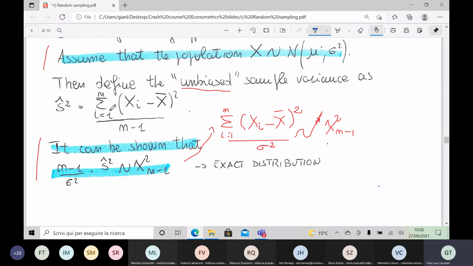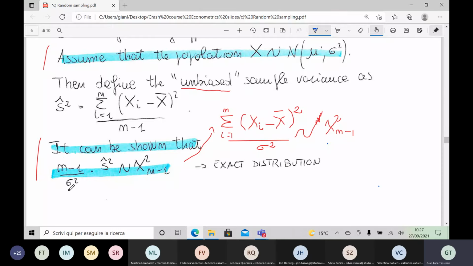Okay, so look below. It can be shown that capital S hat square, the unbiased sample variance, which is a random variable, multiplied by the constant n minus 1, where n, remember, is the dimension of the sample, divided by sigma square.